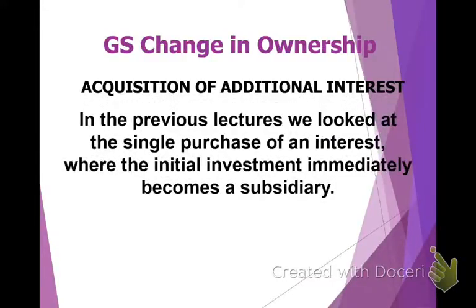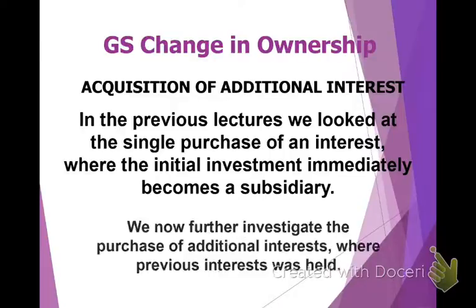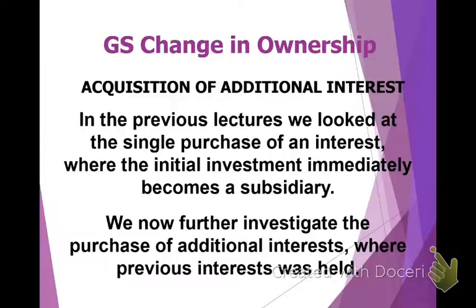In previous lectures, we looked at the single purchase of an interest where the initial investment immediately became a subsidiary. So what happened there is you will have zero interest in the company, and then at one point you will buy an interest in the company, and this company will immediately become a subsidiary. But we can also have the situation where we further investigate the purchase of additional interest where the previous interest was held.